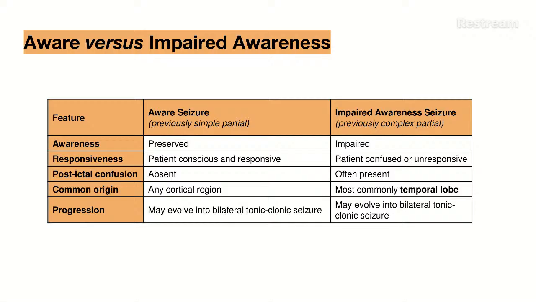In focal aware seizures, the patient remains conscious throughout the event, and they don't have a postictal phase. In focal impaired awareness seizures, the patient becomes convulsive. Both seizures can evolve into bilateral tonic-clonic seizures, or bilateral or generalized seizures rather.